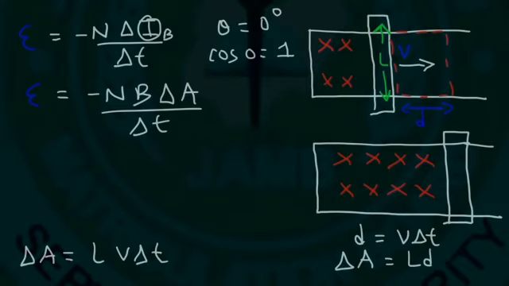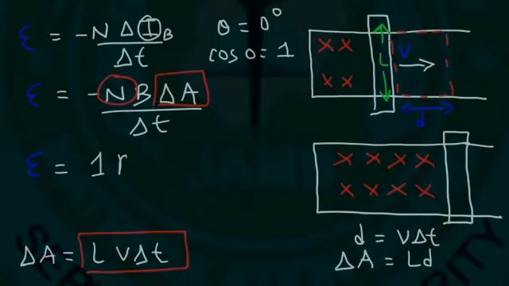Now let's replace delta A with L V delta t. And by the way, we only have a single loop, so N is equal to 1. So the induced EMF is going to be negative N, or negative 1. And since we're looking for the magnitude, we don't have to worry about the negative sign.